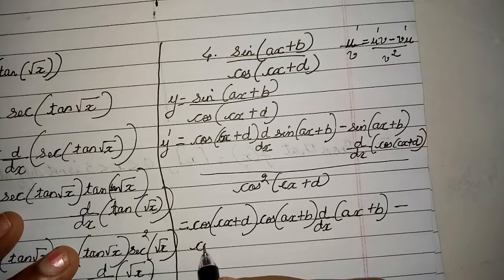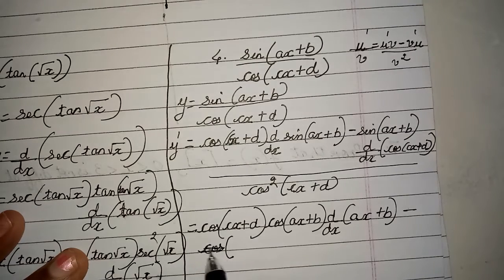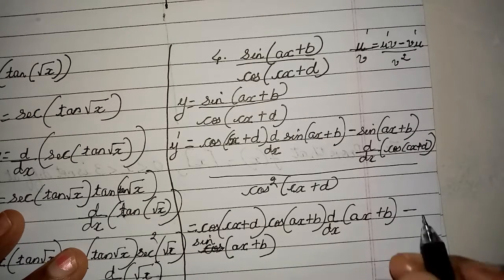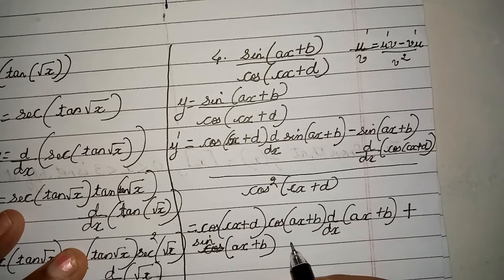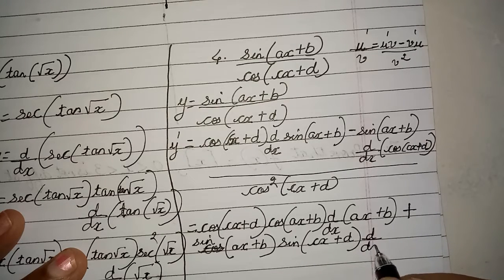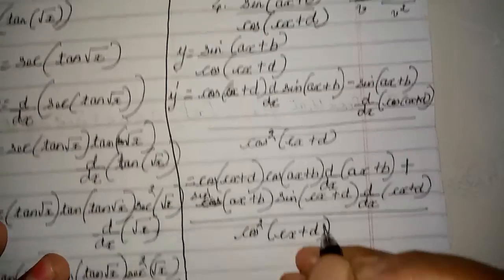Minus cos of sine is as it is, so I will write minus sine of ax plus b. Now cos derivative is again minus sine, so minus and minus will become sine of cx plus d. Again cx plus d is not in the standard form, so attach its derivative, upon cos square cx plus d.